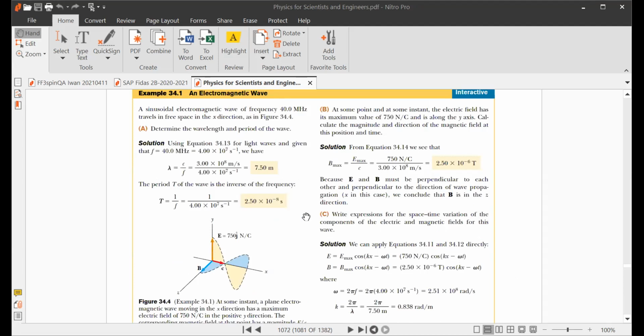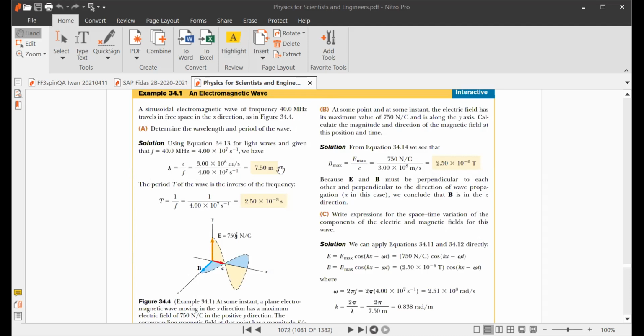So for example, this is the example. A sinusoidal electromagnetic wave of frequency 40 megahertz travels in free space, it means vacuum, in the x direction as in figure 34.4. Determine the wavelength and the period of the waves. So the wavelength is c over f, we have 3 times 10 to the 8 over this frequency.